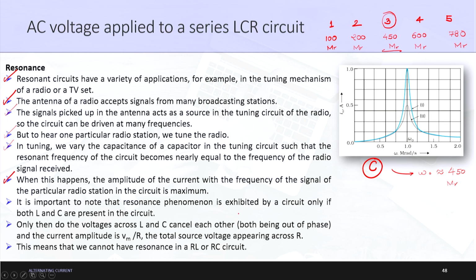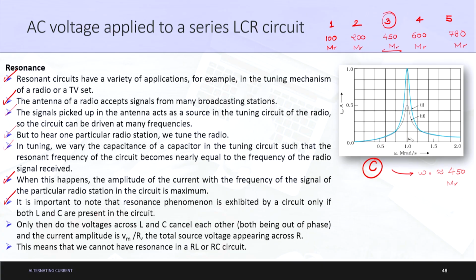When this happens, the amplitude of the current with the frequency of the signal of the particular radio station in the circuit is maximum. So, when resonance is happening, the current will be maximum, and we will hear only the radio waves of the particular radio station which we are trying to resonate.